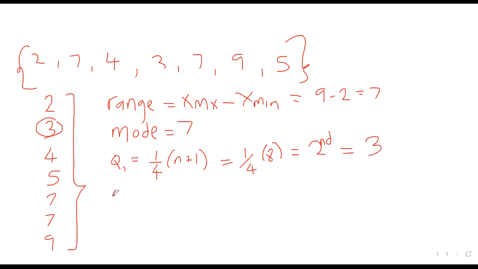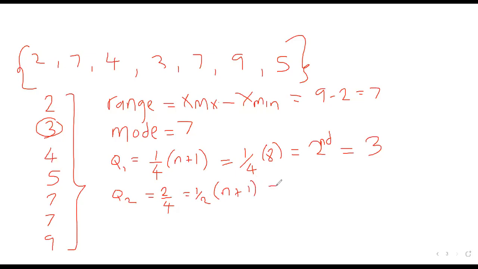Then the second quartile is also called the median. It's the second quarter, 2 over 4, which is the same as half, of n plus 1. Our n is 7. 7 plus 1 is 8. Half of 8 is 4.